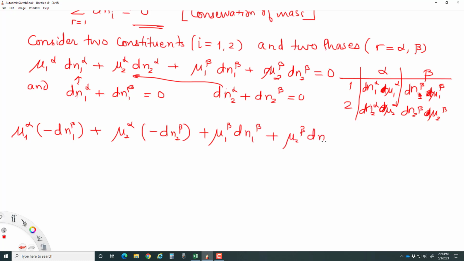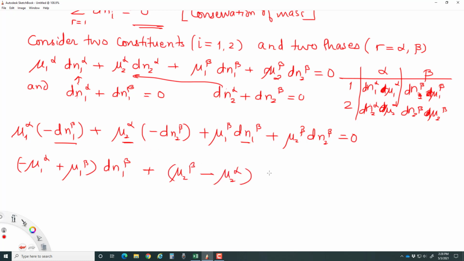that is equal to 0. So dn1 beta and dn2 beta can be put outside the parenthesis: negative mu1 alpha plus mu1 beta, times dn1 beta, plus mu2 beta minus mu2 alpha, times dn2 beta is equal to 0.